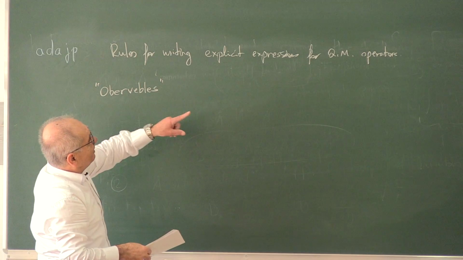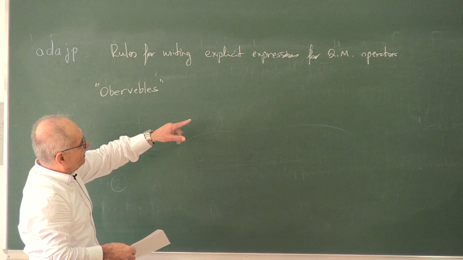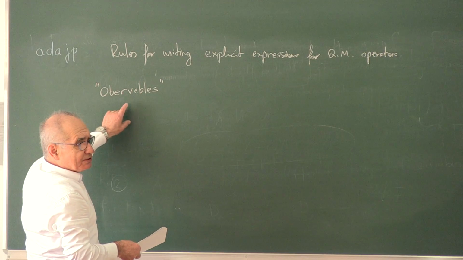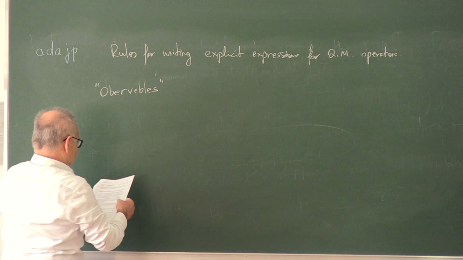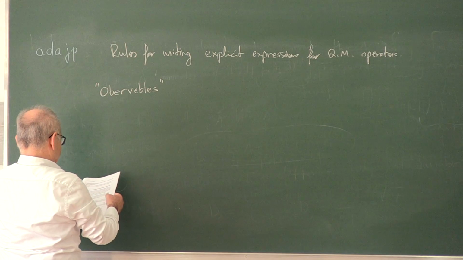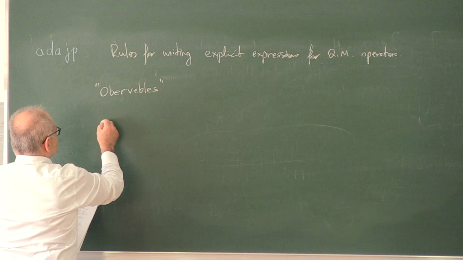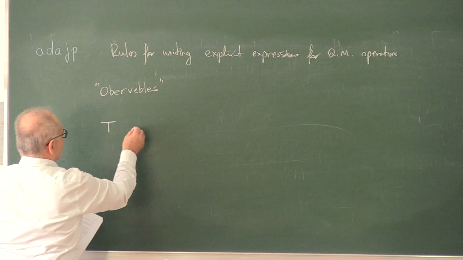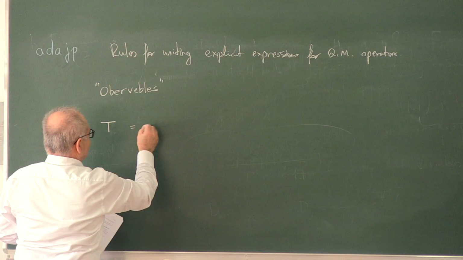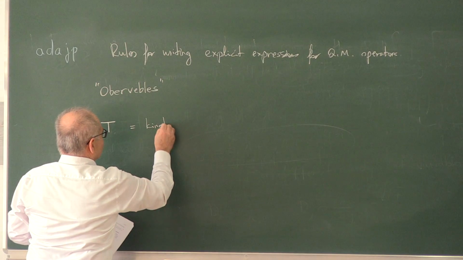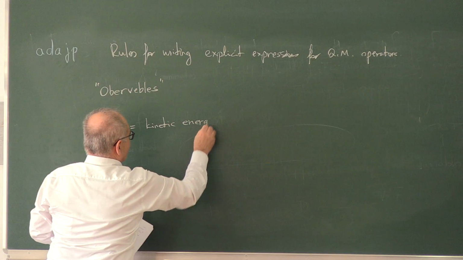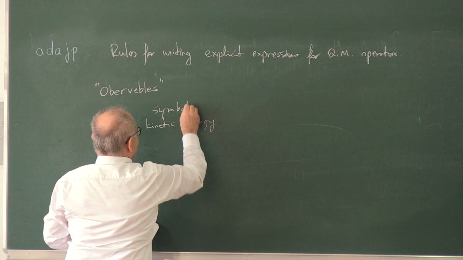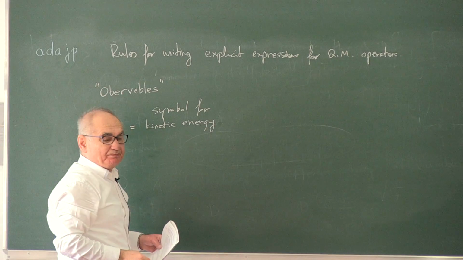Now, quantum mechanical expressions for the operators are obtained from classical expressions for the observables. We will use the symbol T for kinetic energy.